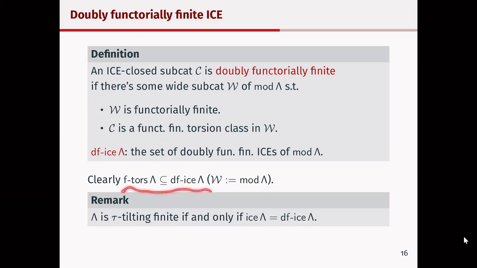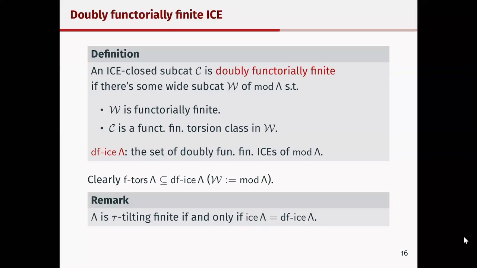So we have this inclusion. And if we are only interested in the tau-tilting finite case, then every ICE closed subcategory is doubly functorially finite. So in the tau-tilting finite case, we don't have to care about this condition.